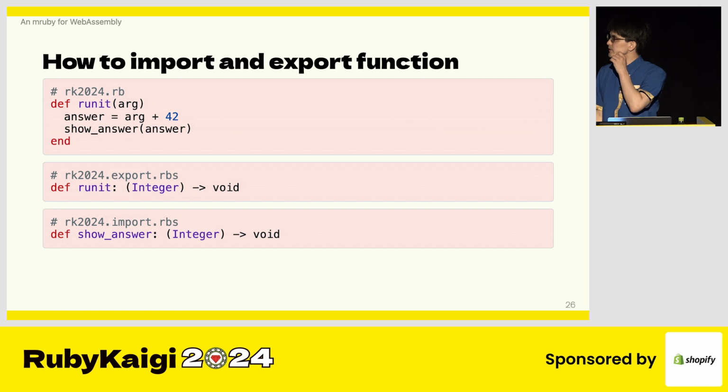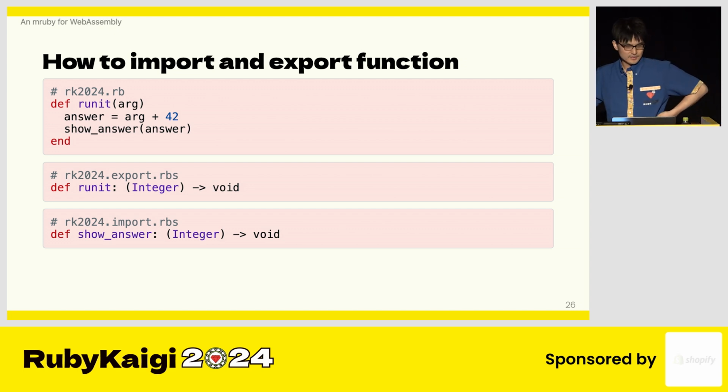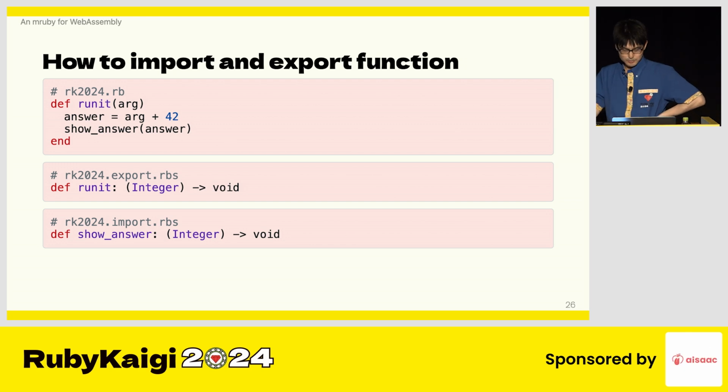So mruby Edge supports this kind of import and export. This is a run-it Ruby script. This uses the show answer method internally. You can specify export.rbs to export what kind of method and its signature, and specify import.rbs to say what kind of function to import with its signature.